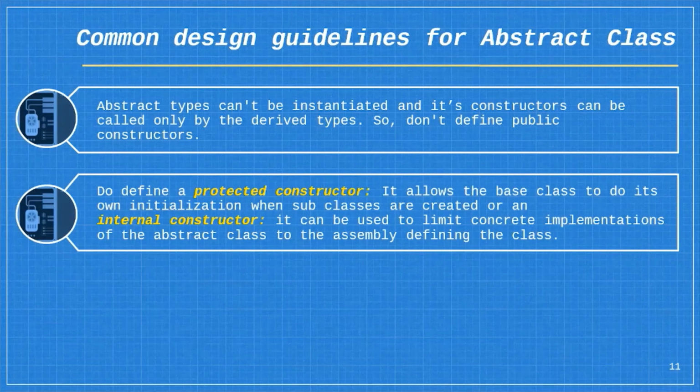Instead of a public constructor, use a protected or internal constructor for an abstract class, because a protected constructor allows the base class to do its own initialization when subclasses are created or called. Similarly, by using an internal constructor, we can limit concrete implementation of the abstract class to the assembly defining the class.